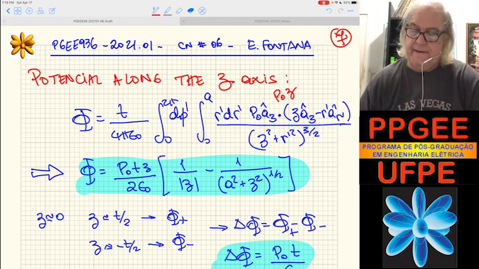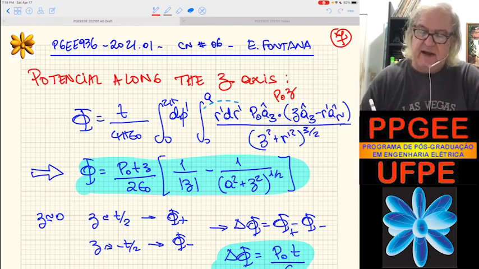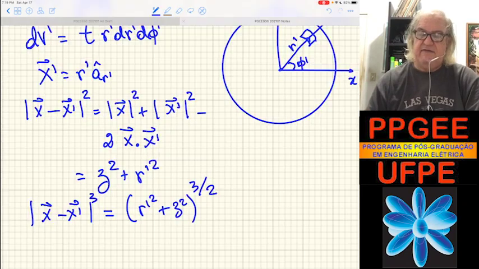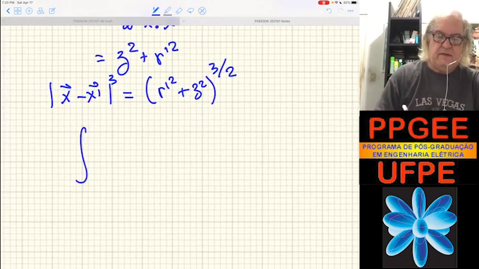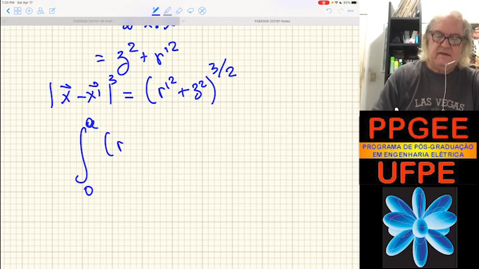So this is easy to calculate because you have a function and you have the derivative here, unless of a factor of 2, right? So this is going to be essentially this integral here. Let's do something like this. Minus 3/2 r prime dr prime.